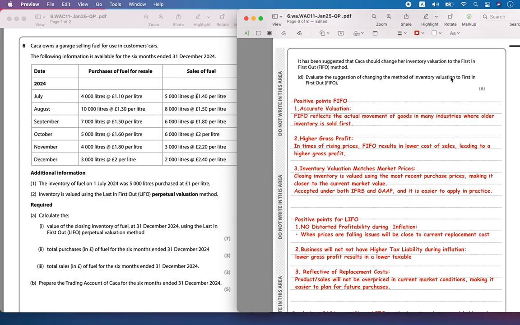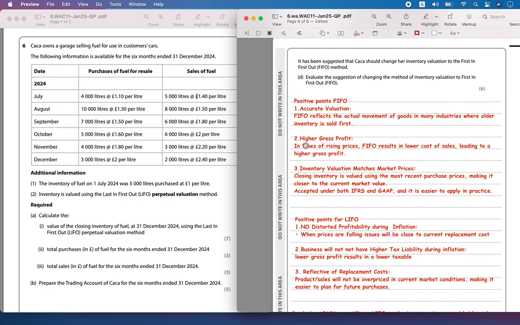Then evaluate the suggestion of changing the method of inventory valuation to first in first out, FIFO. Kaka has been using the LIFO method, last in first out. So what happens if they change to FIFO? It is going to reflect the accurate valuation because I sell off the older inventory first.